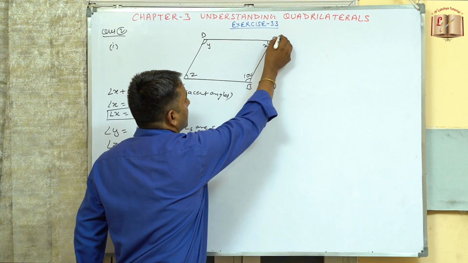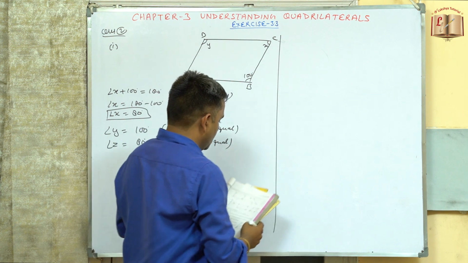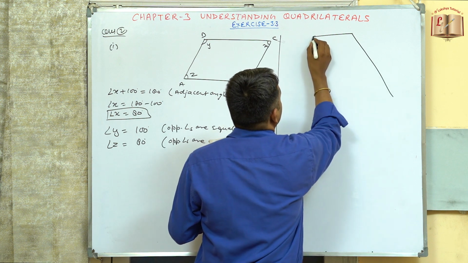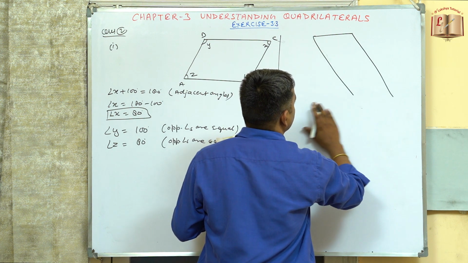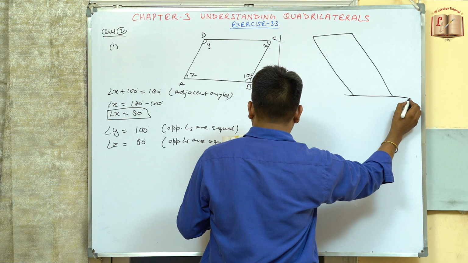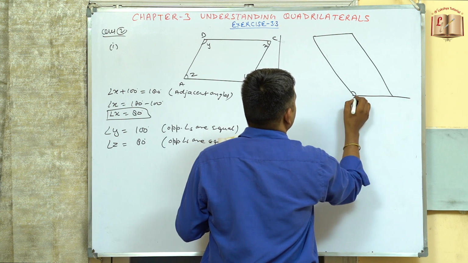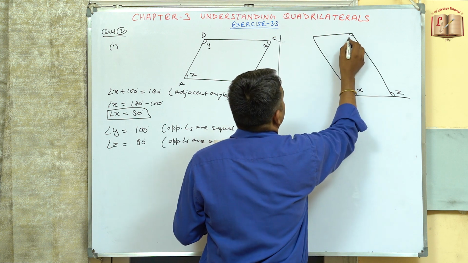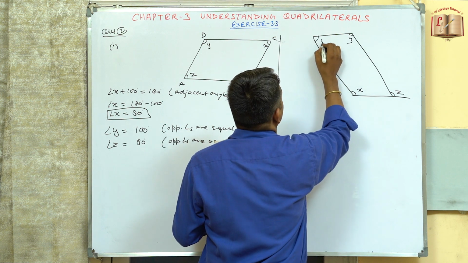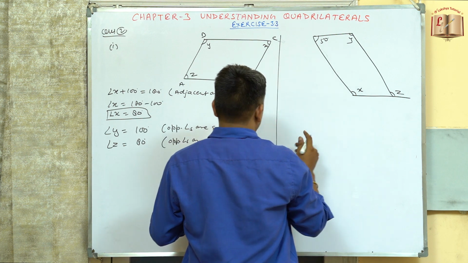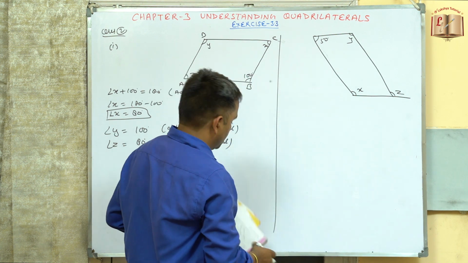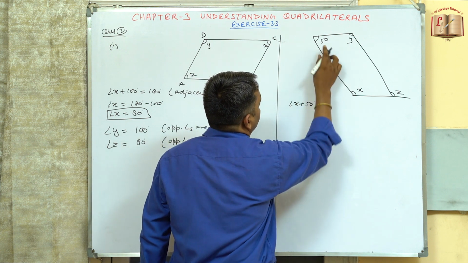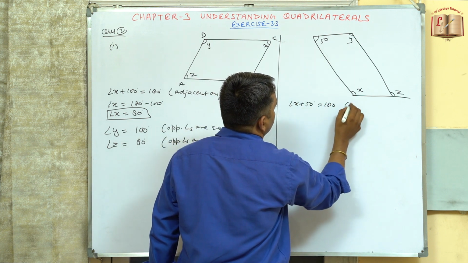So now coming to the second part of this. So here it is x, here it is z, and this is y, and this is 50 degrees. So here again angle x plus 50 degrees will be equal to 180 degrees.